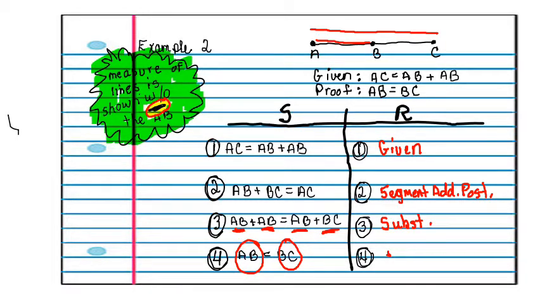Or if you want, if you take a look at this, we could take away an AB here, using a little bit of algebra, and take away an AB. This ends up canceling these out, and therefore we have AB equals BC. So instead of substitution, subtraction may be a better thing to say here.